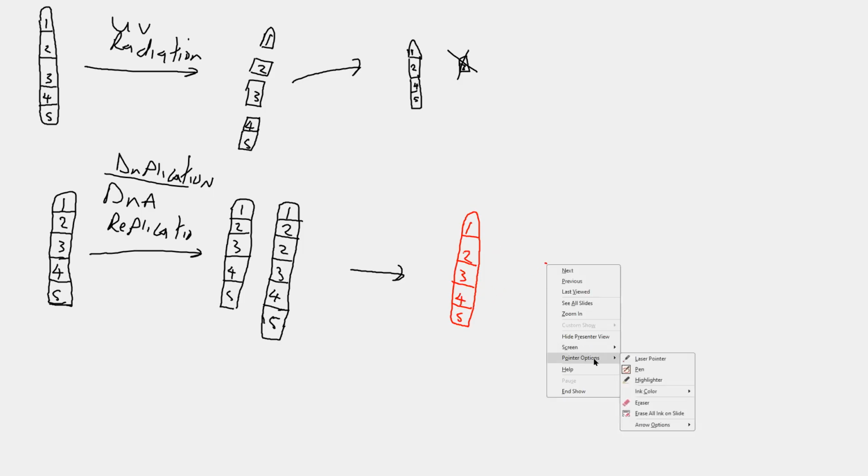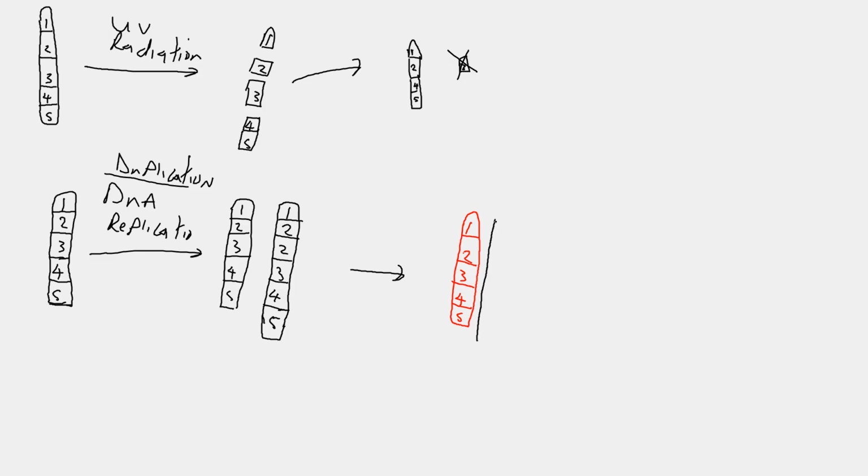But this male one now, remember, has additional sections. So when it comes now and it tries to pair up with the female one, you're going to have a problem. Because now we have 1, 2, 2, 3, 4, 5. And you might say, well, what's the big deal? Well, they cannot stick together, right?